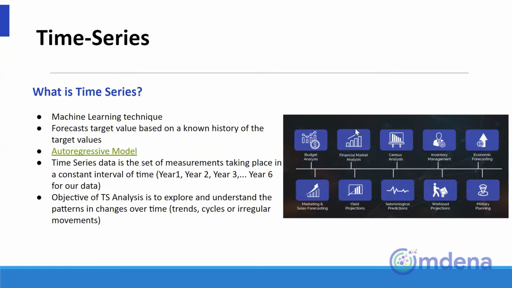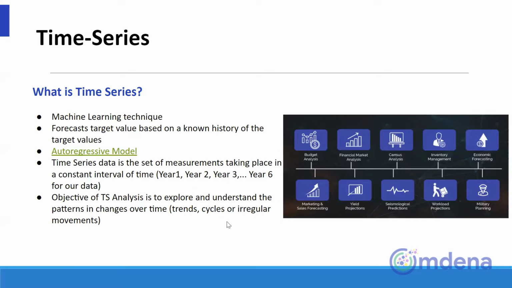This picture shows the different places where time series plays a role. For example, in budget analysis and market analysis, all of these follow a cyclical nature. It's not like it follows a sine or cosine curve, but there is some kind of correlation of the target variable with itself. In those scenarios, we use time series.